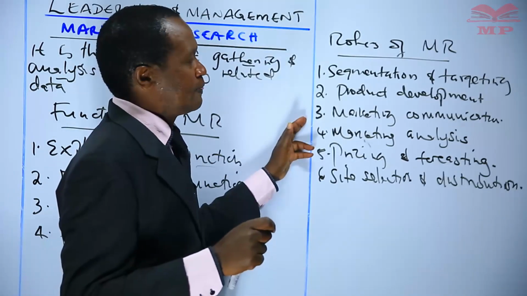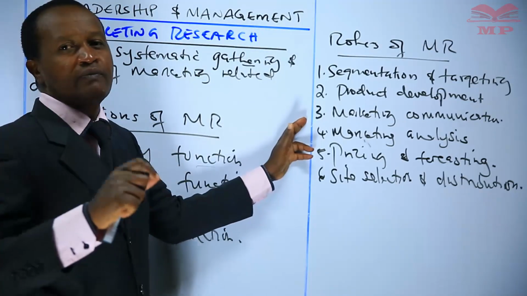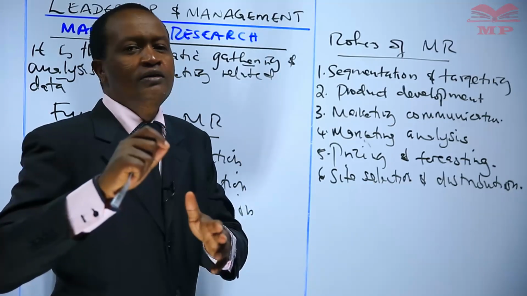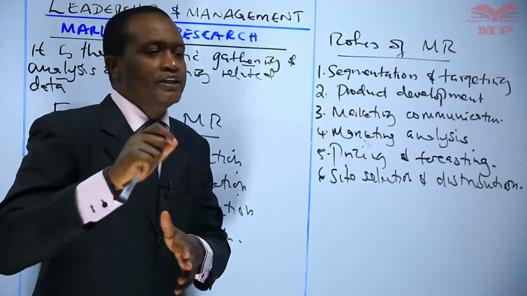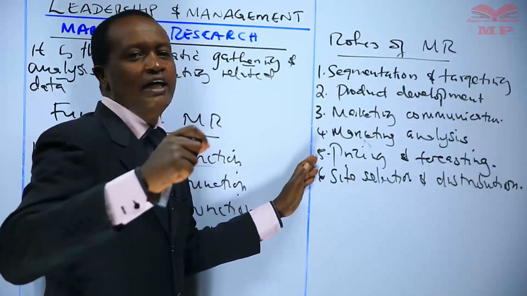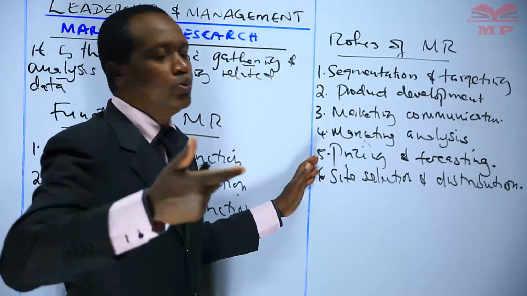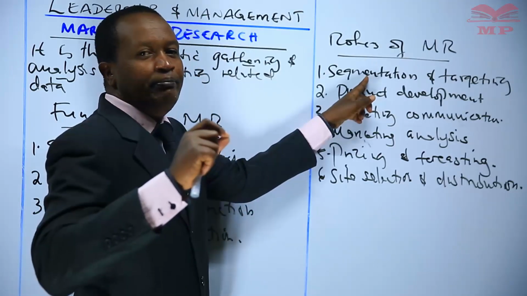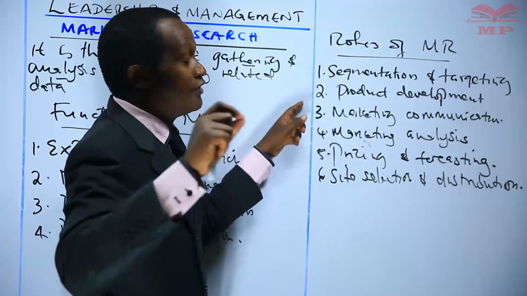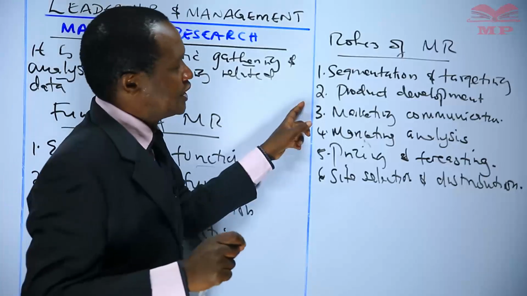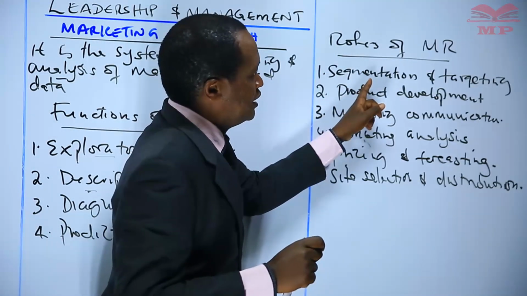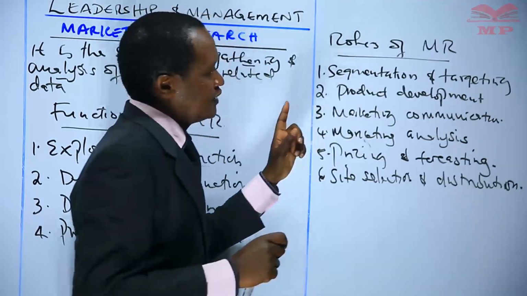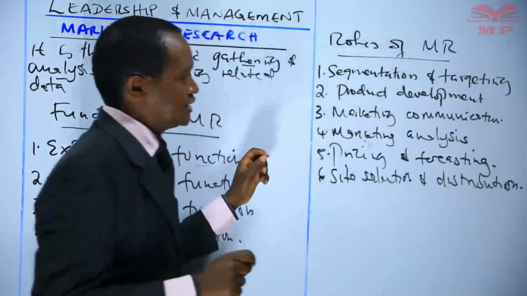And from such research studies, marketers can then decide which segment best matches the features of their brands. So that is the role of market research as far as segmentation and targeting is concerned.